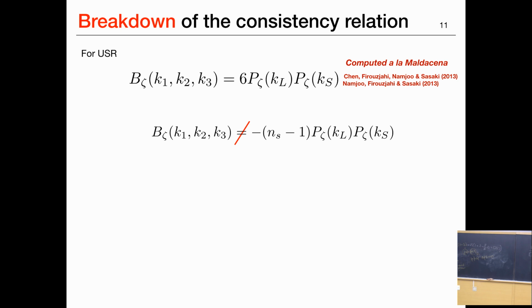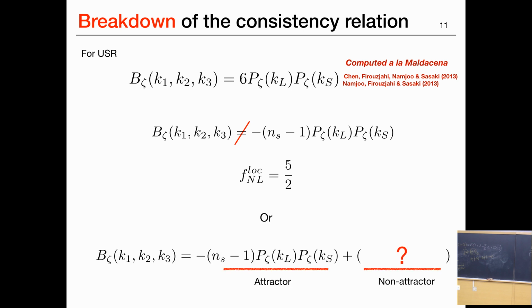So there are two options: the consistency relation is wrong, or it is missing something, something which comes from the non-attractor or ultra slow roll part of inflation. So let's try to fix this.